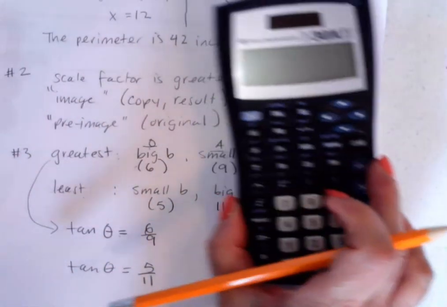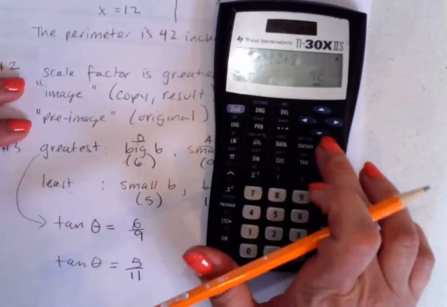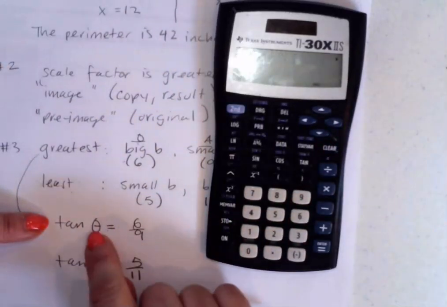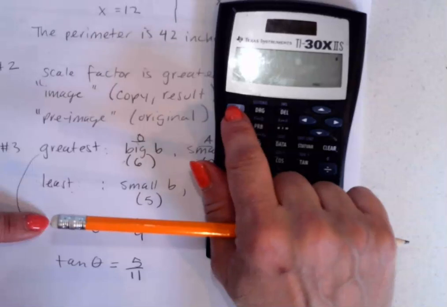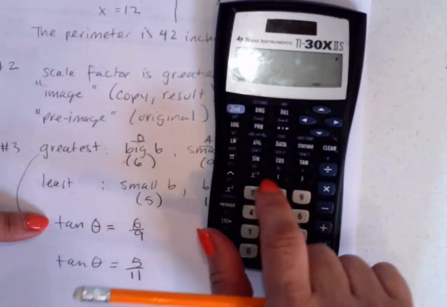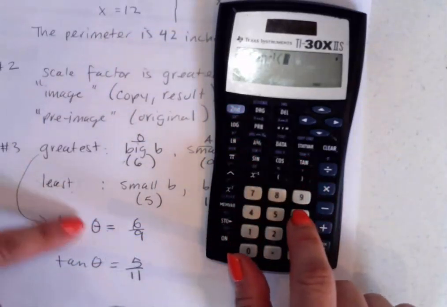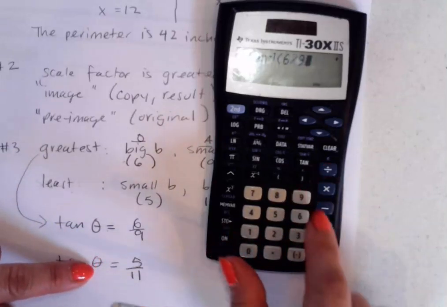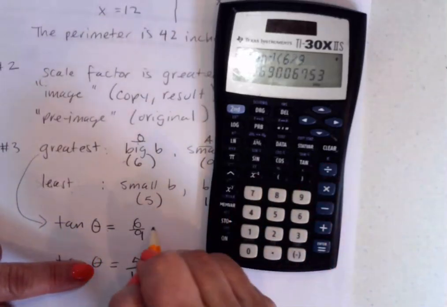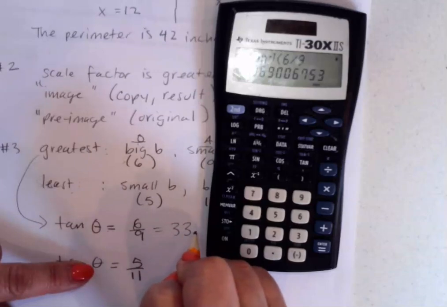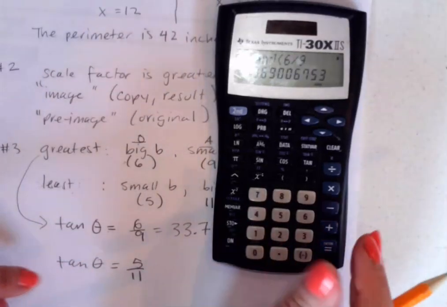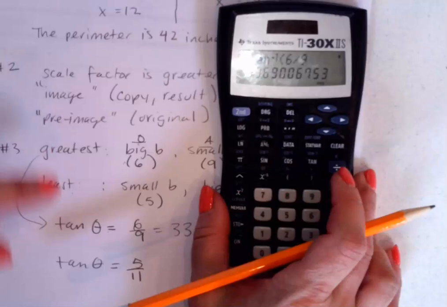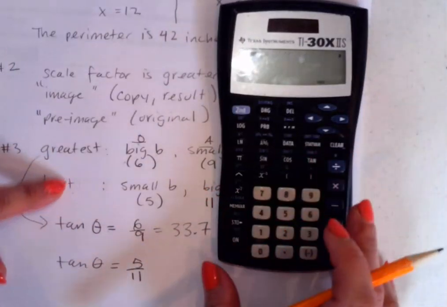So now we're going to grab our calculator, and remember, to get the angle we have to do the second button, second tan. We're going to do 6 divided by 9 equals, and we get 33.7 if we're rounding to the tenth. I didn't see how we're supposed to round yet. I'll come back to that later.